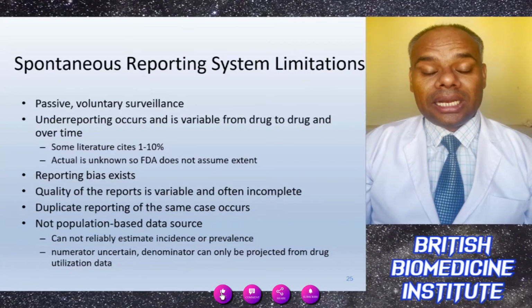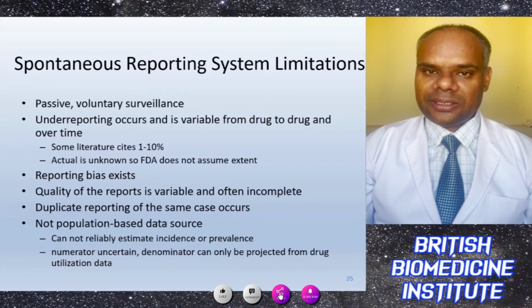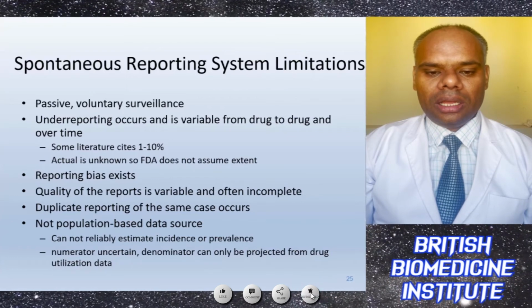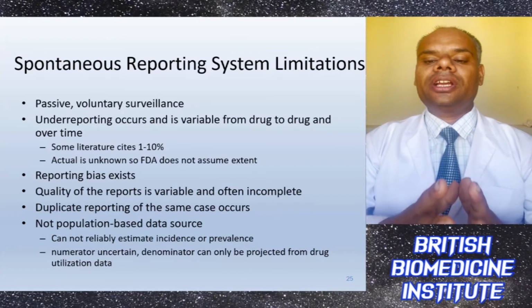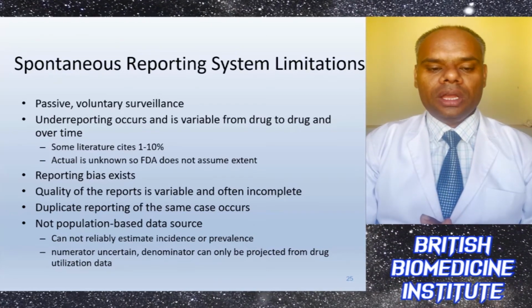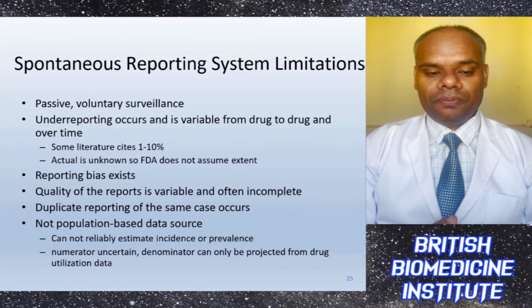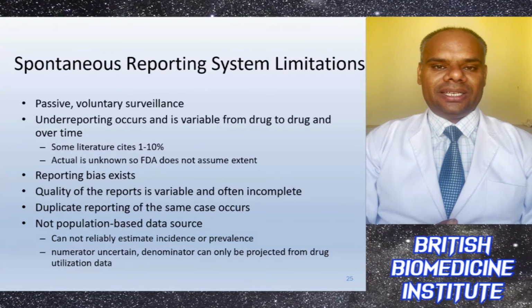But the major limitations here are that it is passive or voluntary surveillance. Underreporting happens, and it can vary from one drug to another, or over time. Some literature cites a ratio of 1 in 10. The actual rate is unknown, so FDA doesn't assume an extent.